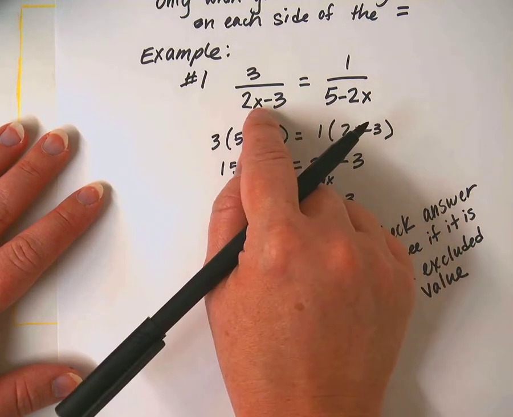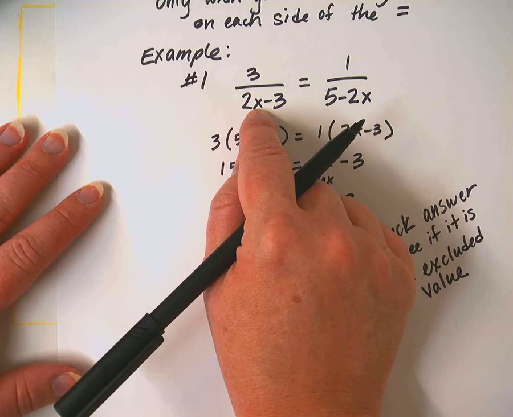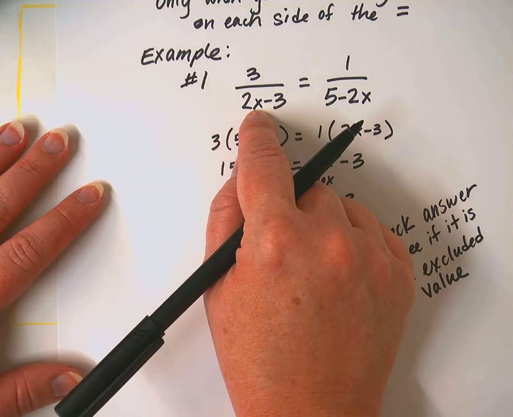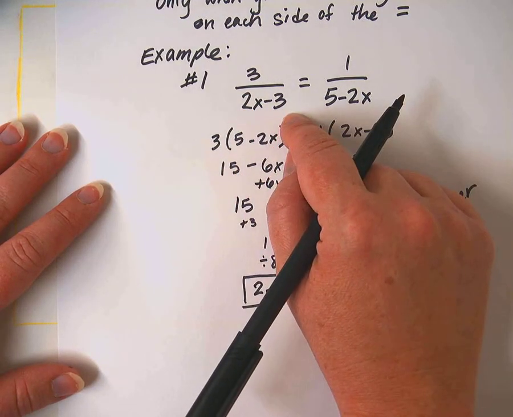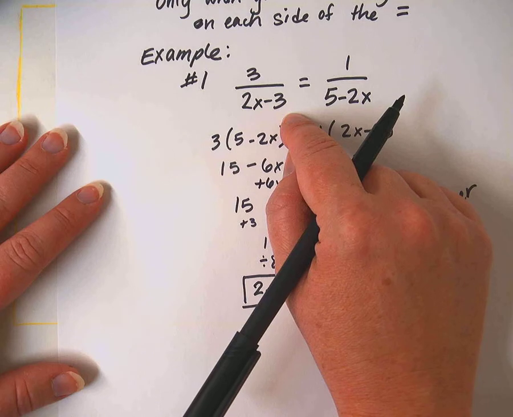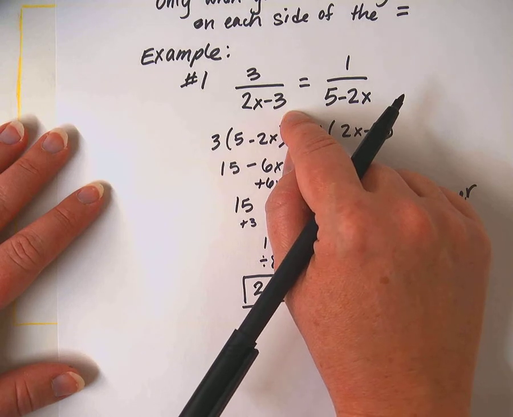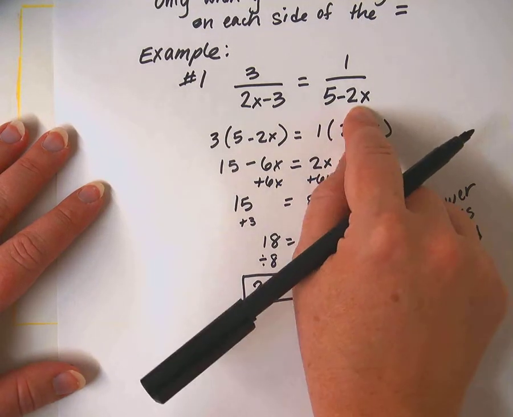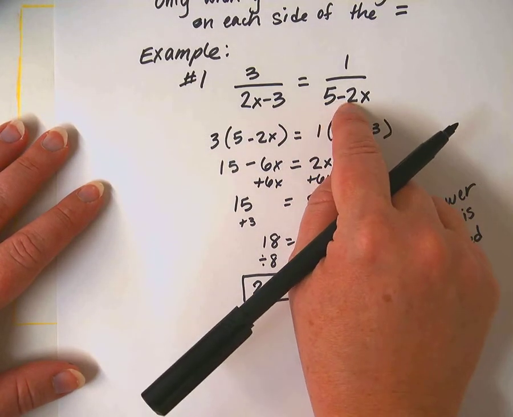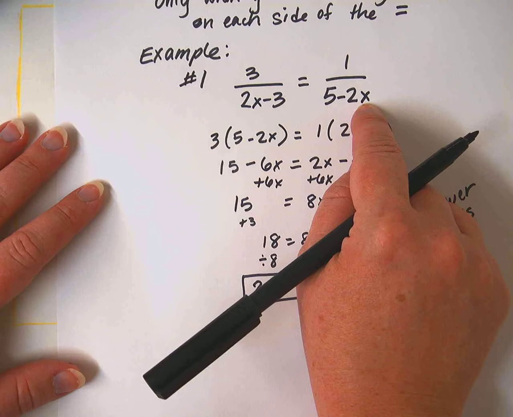So if we plug it in here, we have 2 times 2.25, which is 4.5. And what is 4.5 minus 3? 1.5. I don't even really care that it's 1.5. All that I care about is it's not 0. Yay, it works. Okay, what do we do here? 5 minus 2 times 2.25.